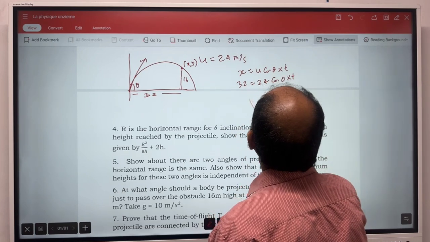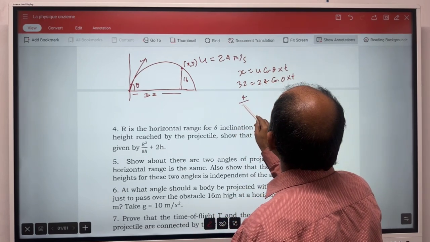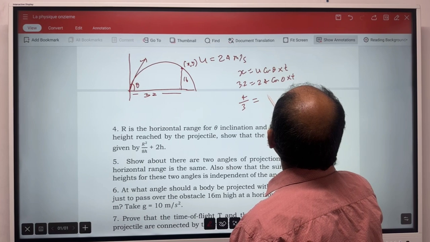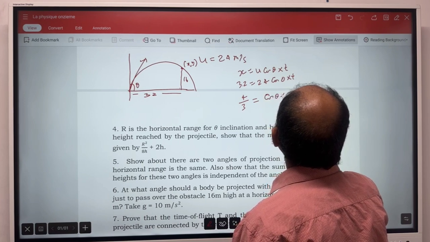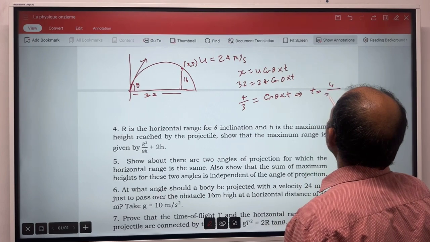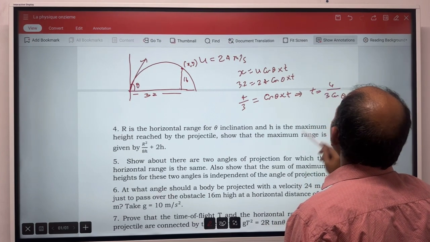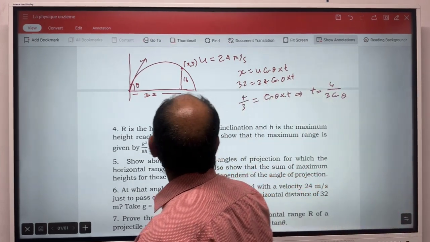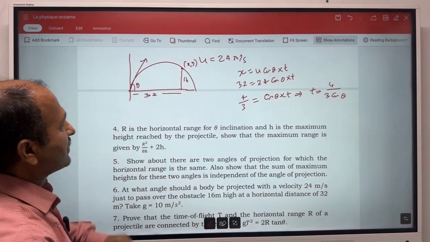So this will become 4 by 3 equal to cos theta into t, or t equal to 4 upon 3 cos theta. We have got the value of t from the equation along the x-axis.